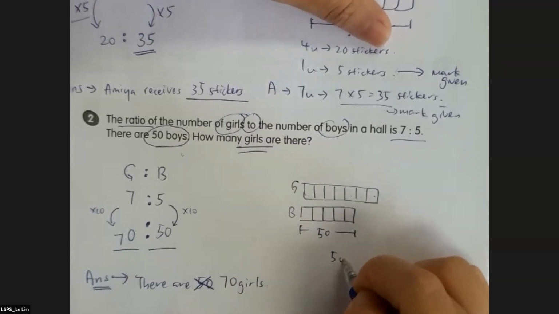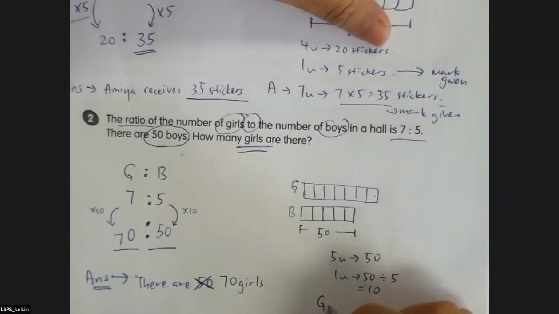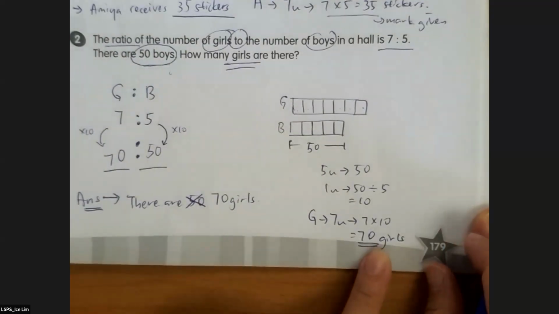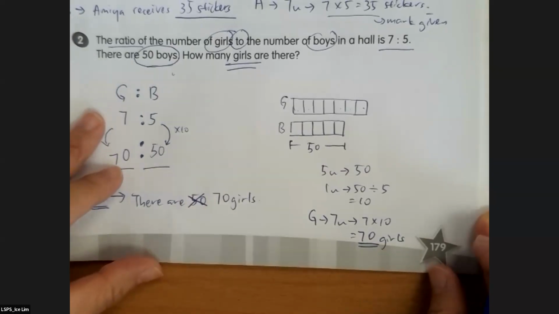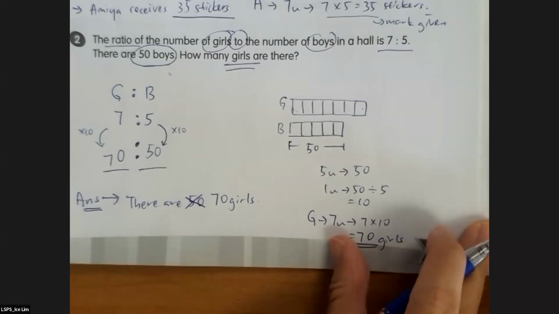So that means 5 units, 50 children. 1 unit, 10. So those are 7 units. So 7 times 10, 70. If I use the unitary method, also quite fast actually. And I can see the answer clearly too. It's okay? If it's okay, we move on.